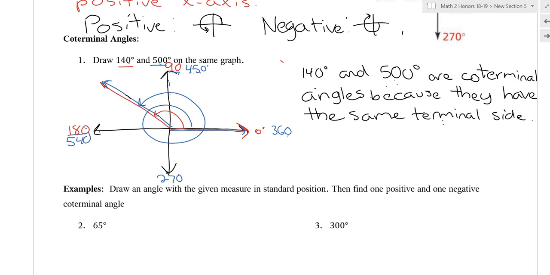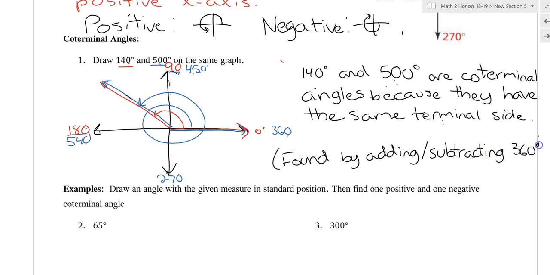So how do we find coterminal angles, right? It's found by adding or subtracting 360. Again, that's a full circle.